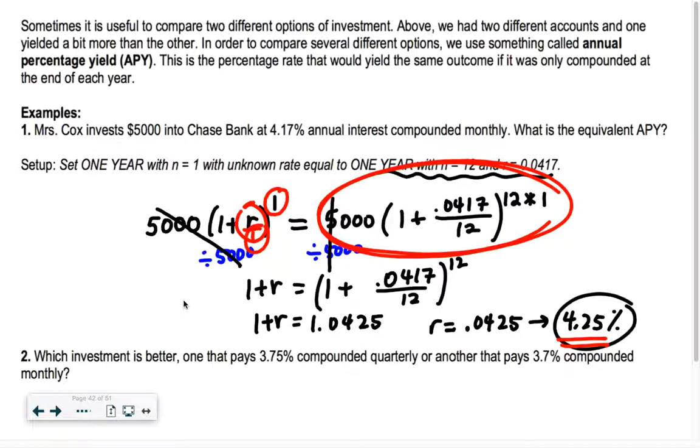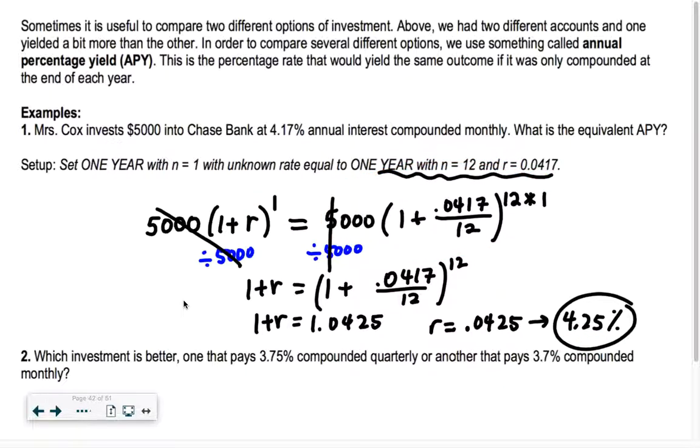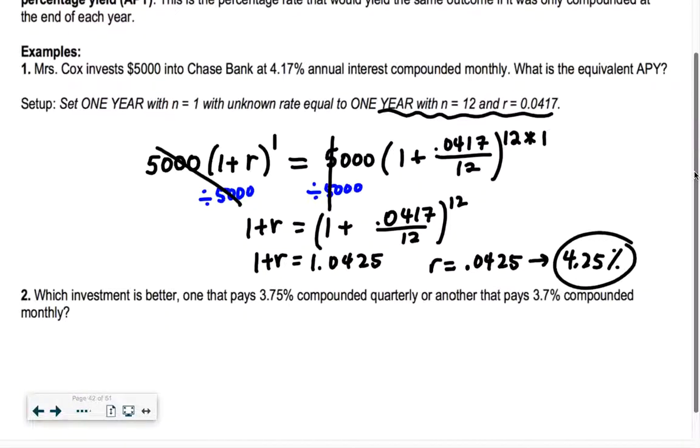Does that make sense? Do you guys get what we did there? That's called the annual percentage yield. It's how much more we'd have percentage-wise at the end of a single year. These words make sense? Yield, percentage, annual. Okay, we're good.